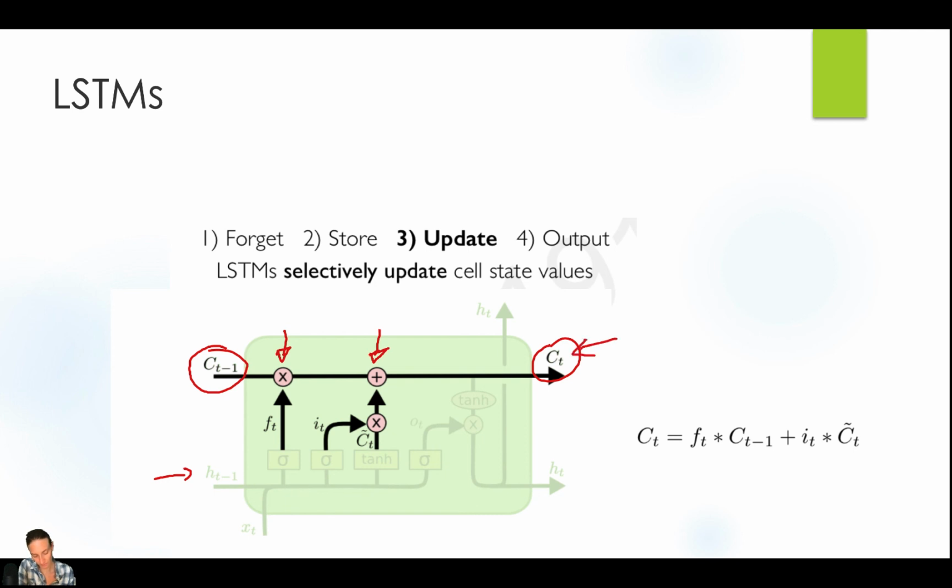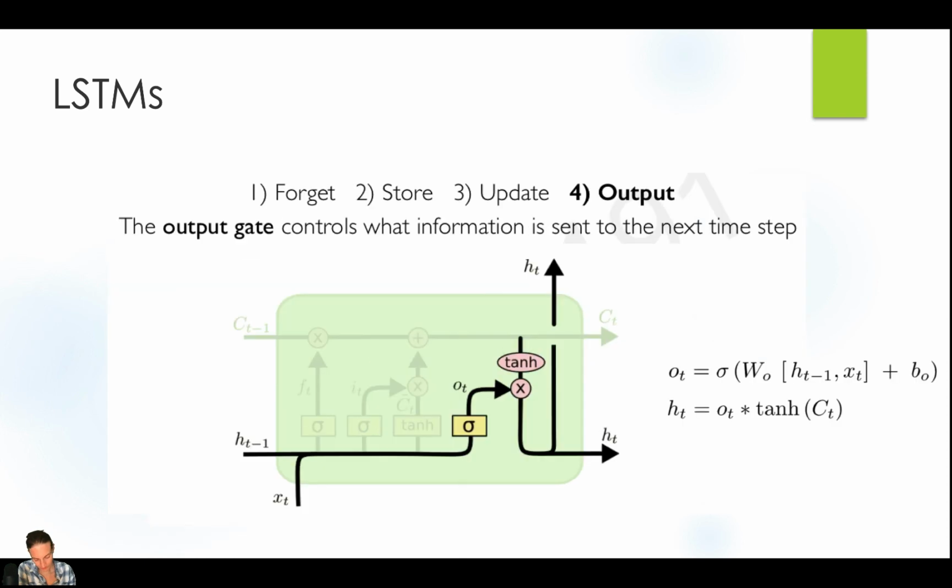So basically, using this formula, it just adds the two. All right. Finally, we have the output gate. The output gate, again, takes in the previous hidden state and the xt's, does a sigmoid activation, and calculates the hyperbolic tangent of the pointwise multiplication. So this output gate controls what information will be the next hidden state and will be sent to the next cell.